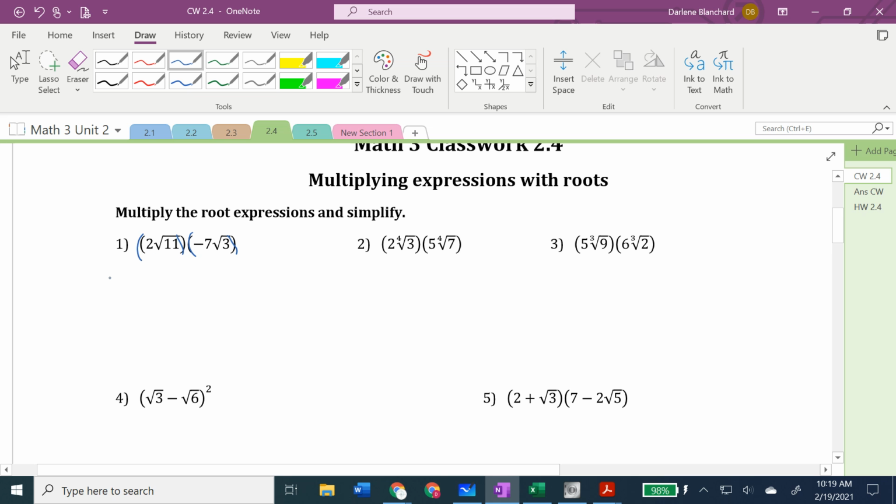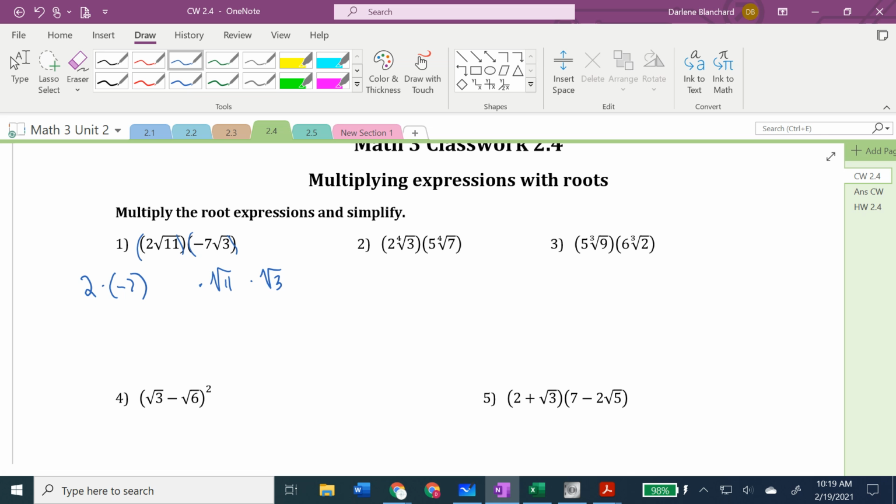You also know that the 2 and the square root of 11 are being multiplied. And then in the next parentheses, the -7 is also multiplying, and the root 3 is also multiplying. So we've got really multiplication of 4 different things.